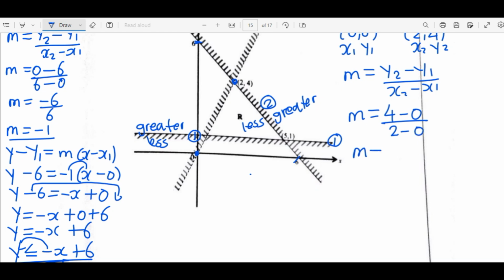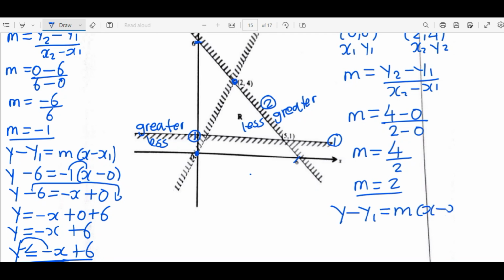Our gradient is equal to 4 minus 0, which is just 4, over 2. Then if we divide, this will just give us 2. So the gradient of this equation is just 2. Then after we are done, we write the equation of the straight line formula.